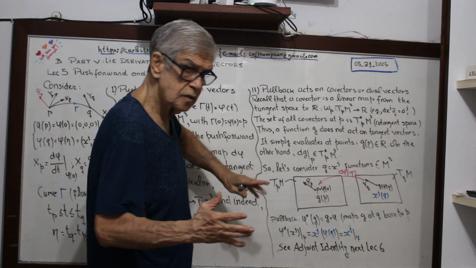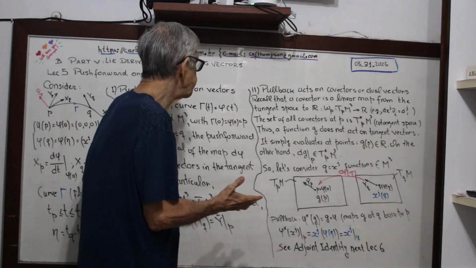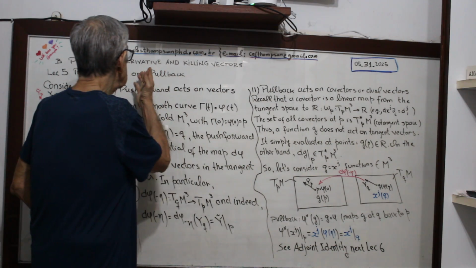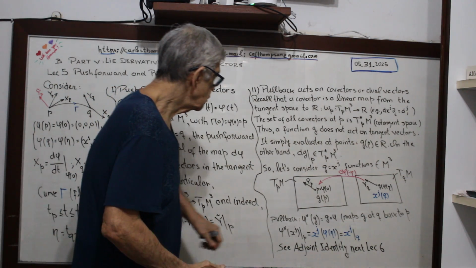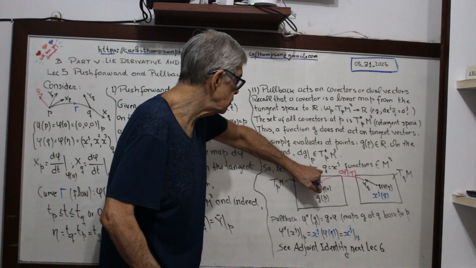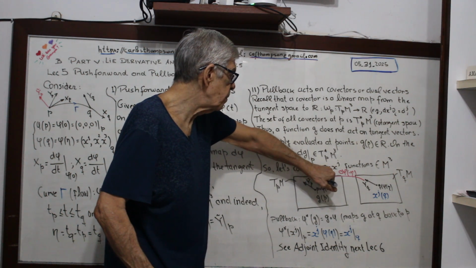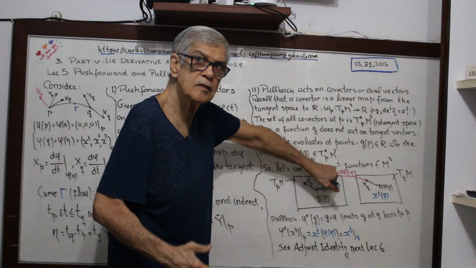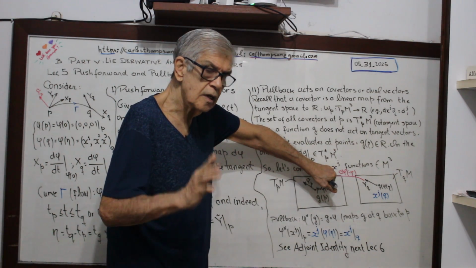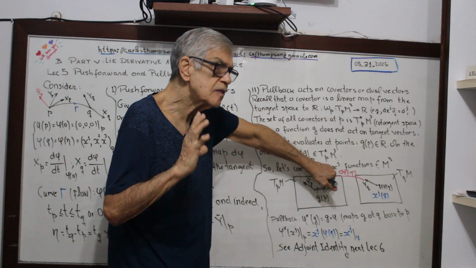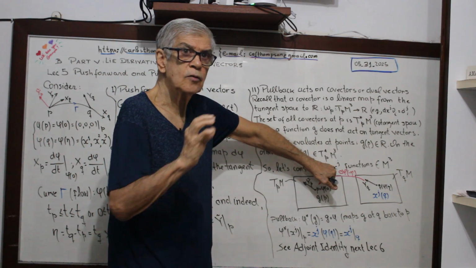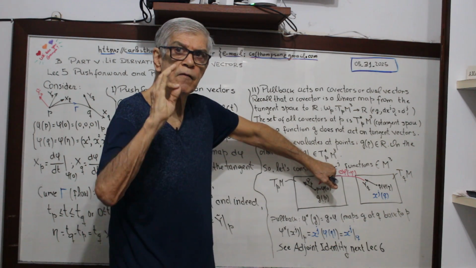So to derive the Lie derivative, let's use the function g equal to the Cartesian coordinates xj. I emphasized before that coordinates are functions.